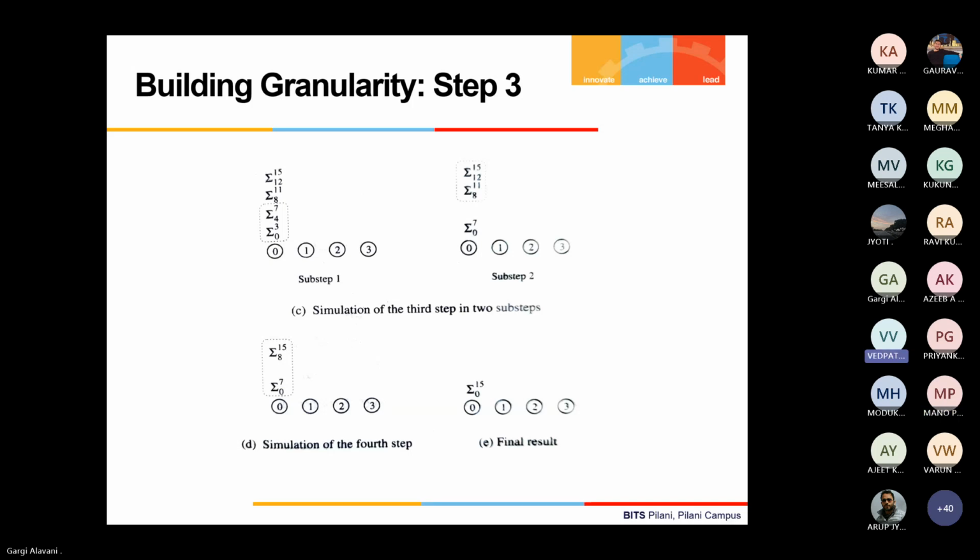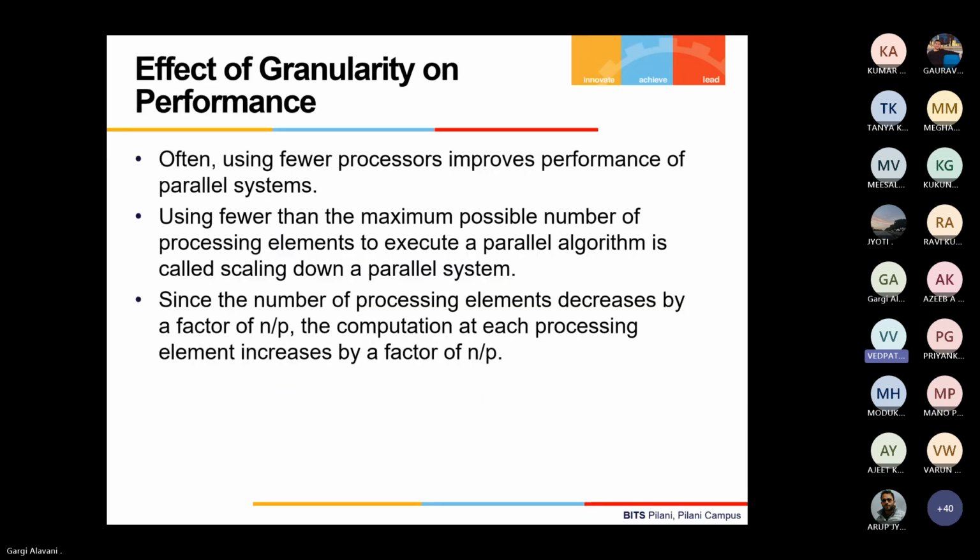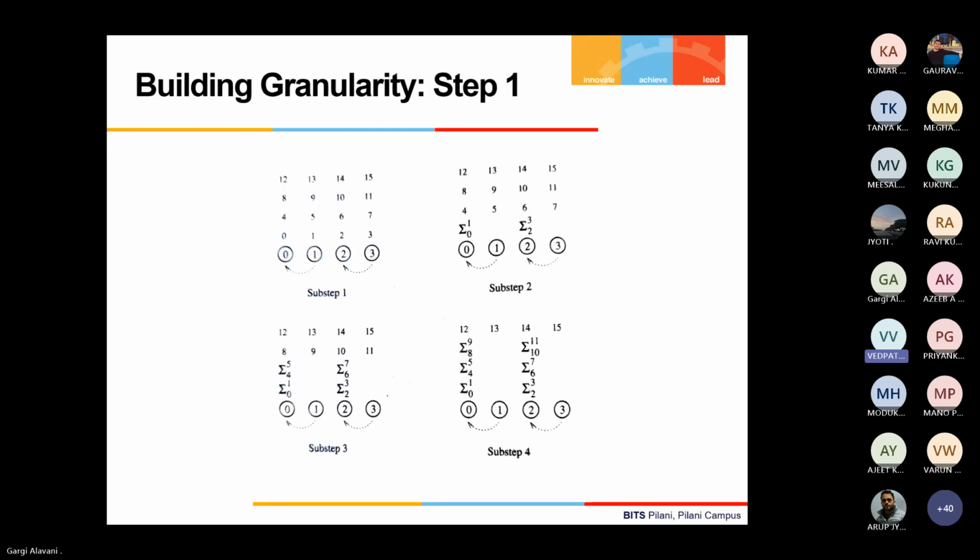Ma'am, can you please explain again how the problem was divided into 4 processes? We have numbers from 0 to 15, so 16 numbers are there. How are they broken into 4 parts? Each processor gets 4 elements, and each processor is supposed to add 2 elements, one of its own and the other one from the neighbor.